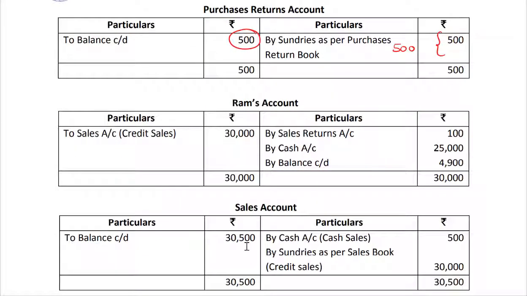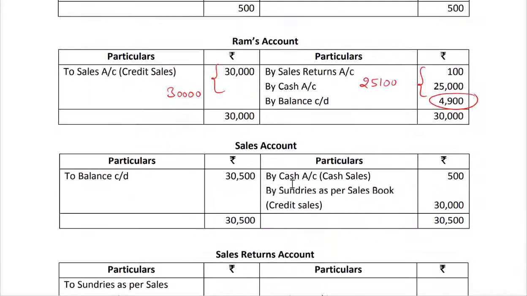The next account is Ram's account. It would be 30,000 on the debit side, and on the credit side it is 25,000 plus 100. We will be ignoring 4,900 for making totals by the total method. In sales, we'll be ignoring 30,500 on the debit side, but over here the total would be 30,500.